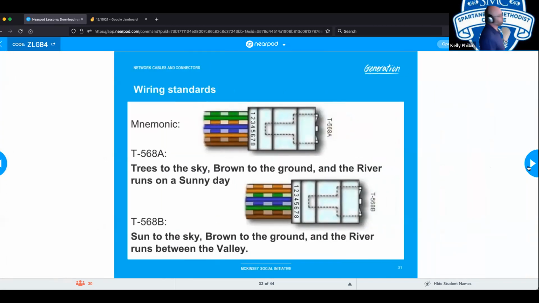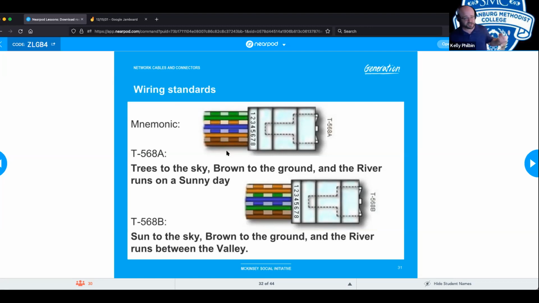So for T568A, say the trees to the sky, that's the green, brown to the ground, brown goes on the bottom. And the river runs on a sunny day. So the river runs in the middle, and then you have the orange in between it. Always remember, the standards always go stripe, no stripe, stripe, no stripe, stripe, no stripe, stripe, no stripe.